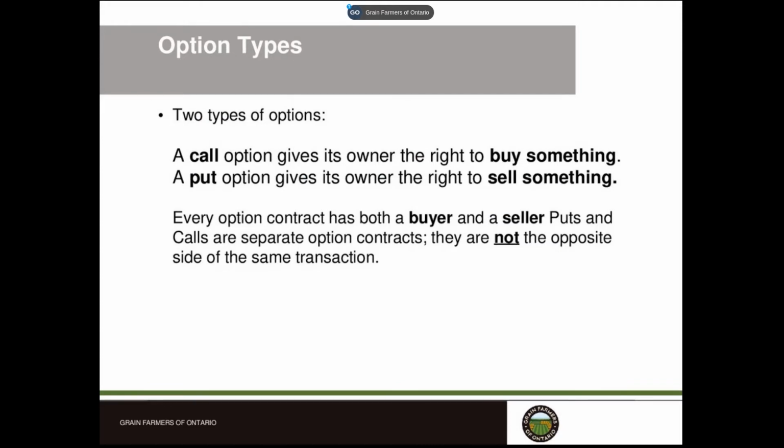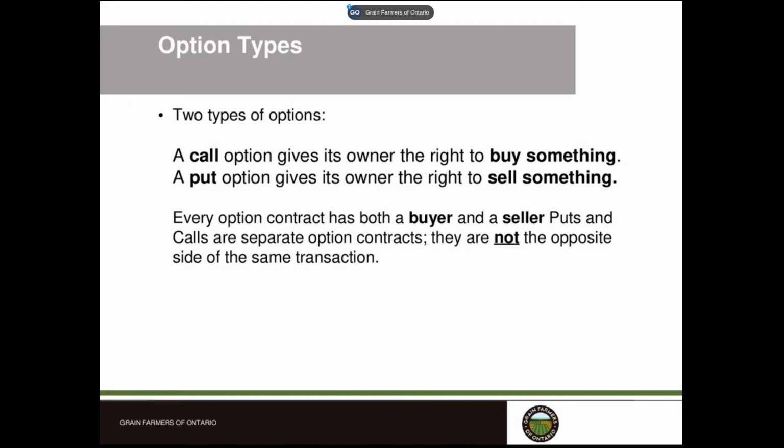Now, as far as types of options, there are basically two different types, and we'll start with the very basics. One is called a call option, and a call option gives the person that buys it the right to buy something. It could be a car, a house, a farm, anything. These options are very broad-based, and they're used every day of your life, and we'll explain in a bit what exactly I'm talking about.